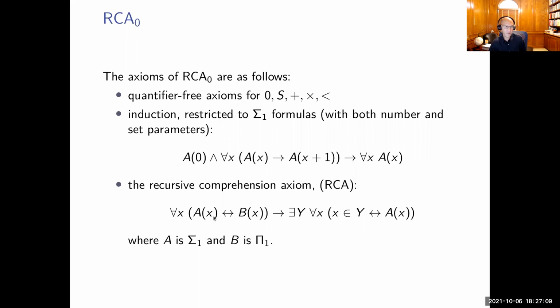It says that if you have a sigma 1 description of a set and a pi 1 description of a set, and you know that they're equivalent, so you have an equivalent sigma 1 and pi 1 formula, then there is a set whose elements are the ones that satisfy those formulas. So there is a set Y such that for every x, x is in Y if and only if A of x holds.